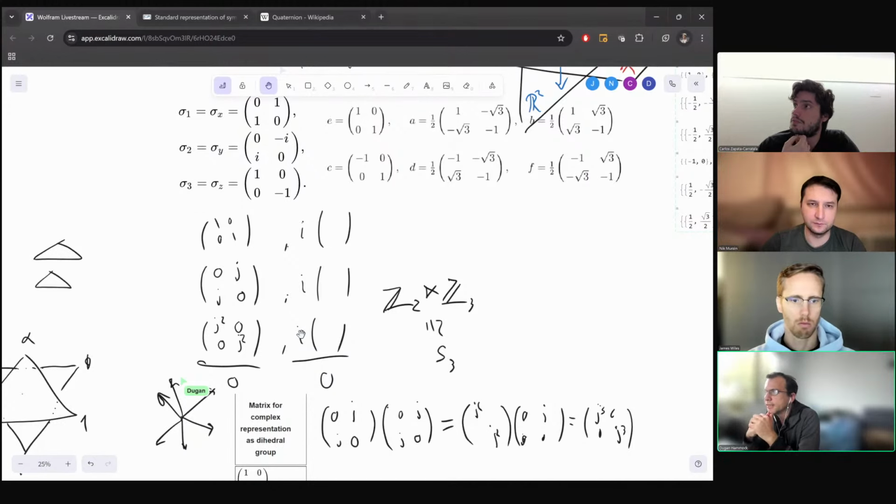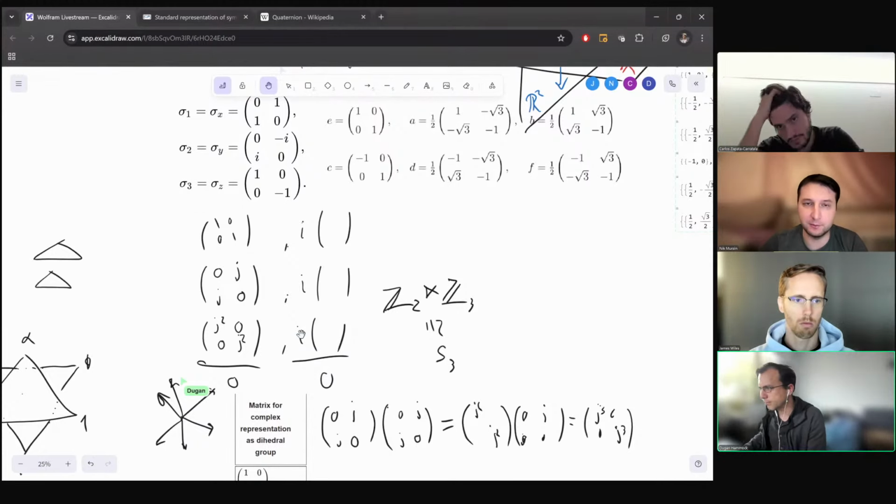I guess, looking at the Pauli matrices, it's not obvious. Well, it's that sign, right? Every Pauli matrix comes with a plus minus sign, so 2 to the 4. Right, sure, yeah. Yeah, in that case, yes.